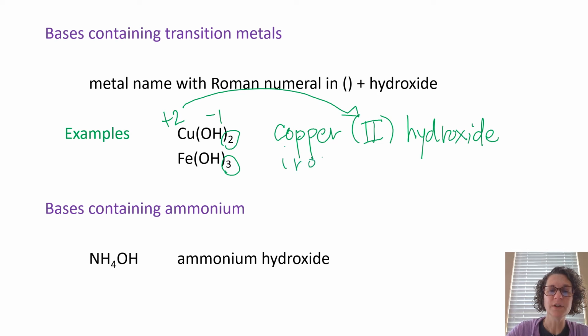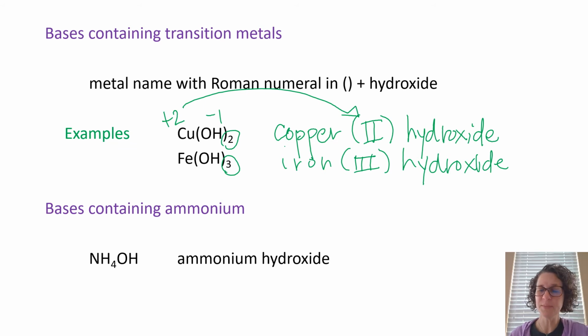Fe is iron. I need to have a +3 charge to cancel out. So iron 3 hydroxide. And then the last one, the only base with a polyatomic at the beginning is ammonium, because ammonium is our only positive polyatomic. So that one is just ammonium hydroxide.